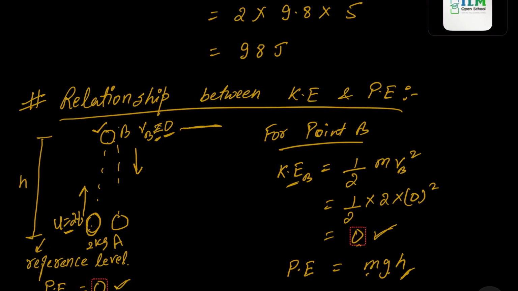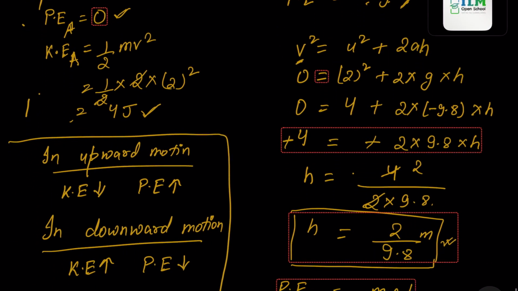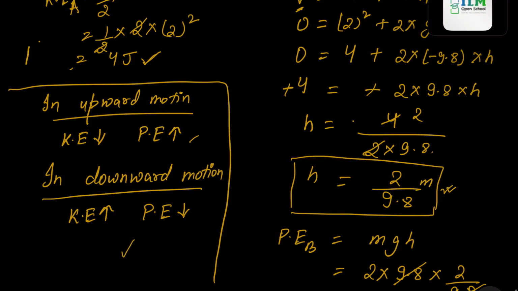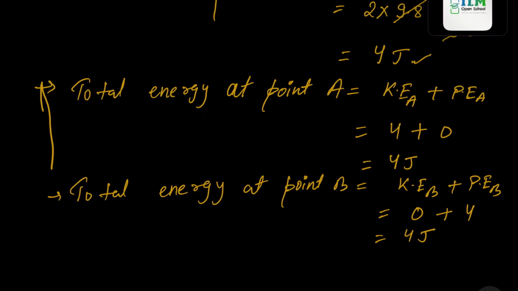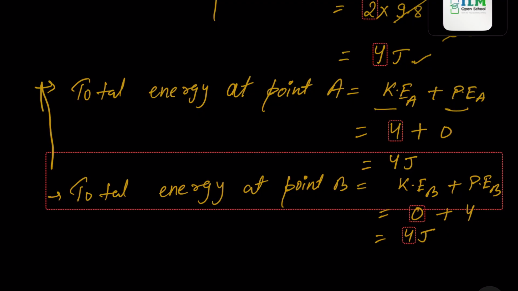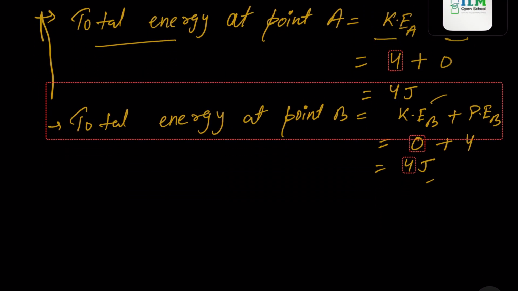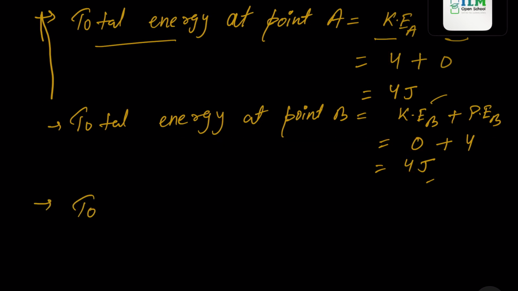So the kinetic energy will increase and the potential energy will decrease because of the decrease in the height of this ball in downward motion. So this is the relation between kinetic energy and potential energy. And from here we can see that the sum of kinetic energy and potential energy, that is total energy, is same for both cases. It means total energy will always remain same.